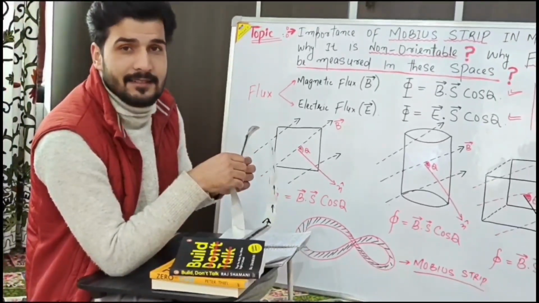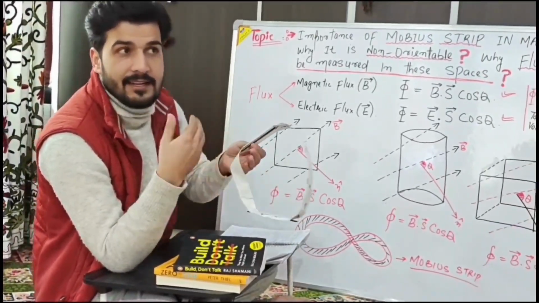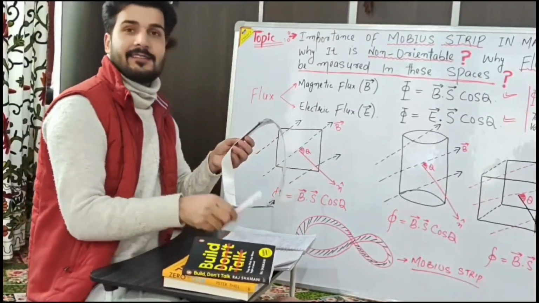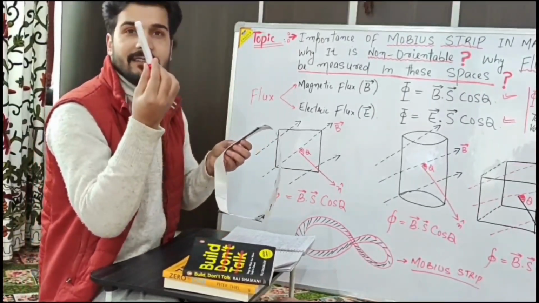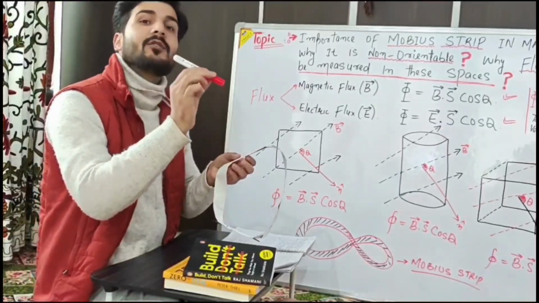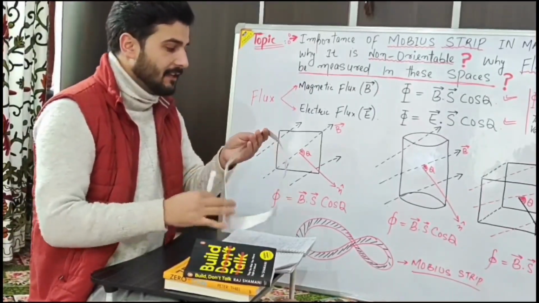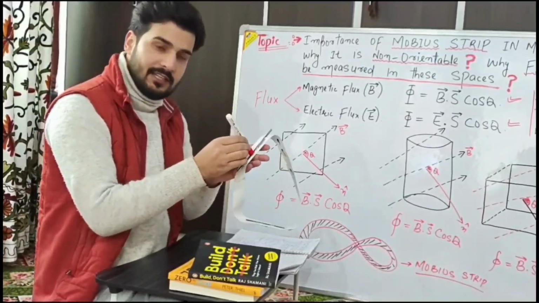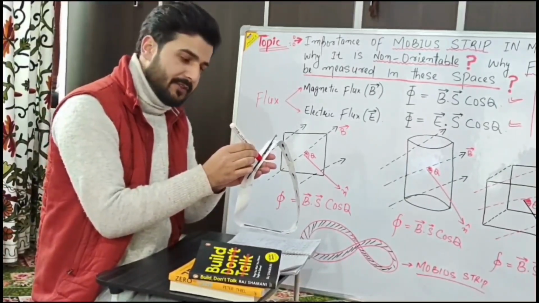Not only this, let us take another thing, that is, a normal vector. Let us suppose that this is the normal vector. The normal vector is always perpendicular to the surface. Okay? Normal to the Möbius strip.